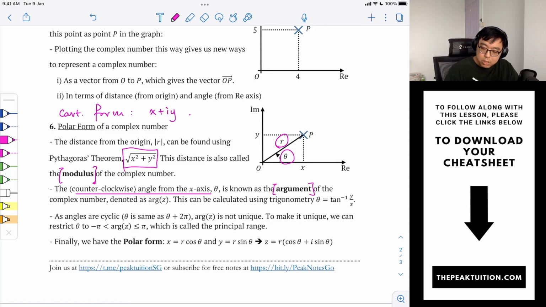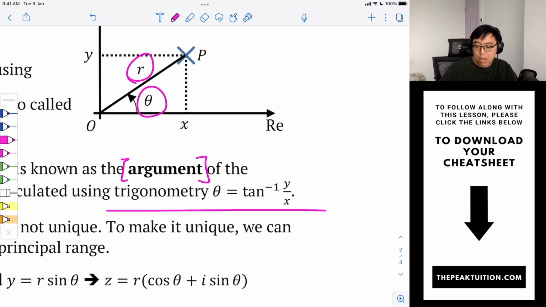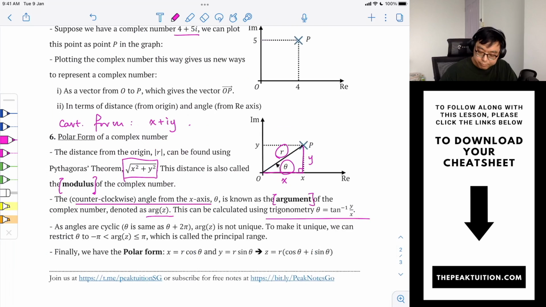This counterclockwise angle from the x-axis is known as the argument of the complex number. It's denoted as arg z, where z is the complex number. This can be calculated using trigonometry, where your angle equals arctangent of y over x. Okay?